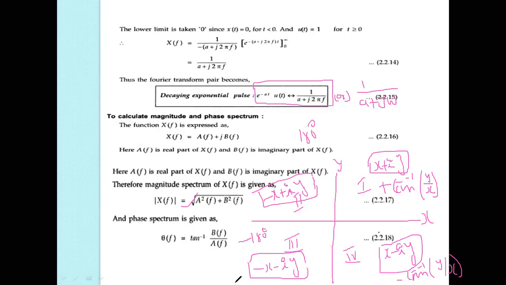Following, my dear students, for the same tan inverse y by x, we can add plus 180 degrees for the same function and minus 180 degrees. Here it is a minus, and for this one we can add 180 degrees. Here 180 degrees plus tan inverse y by x, and here minus 180 degrees, with 180 degrees minus tan inverse y by x.